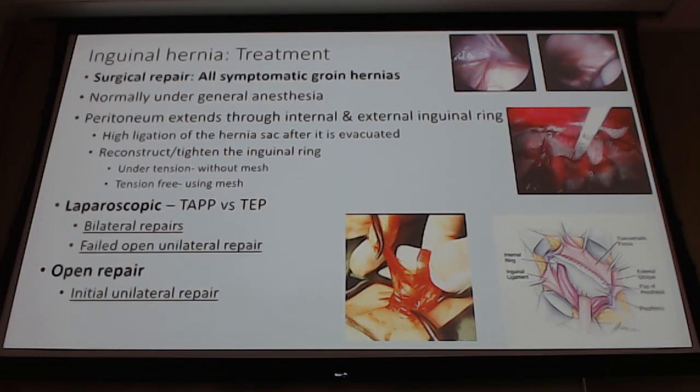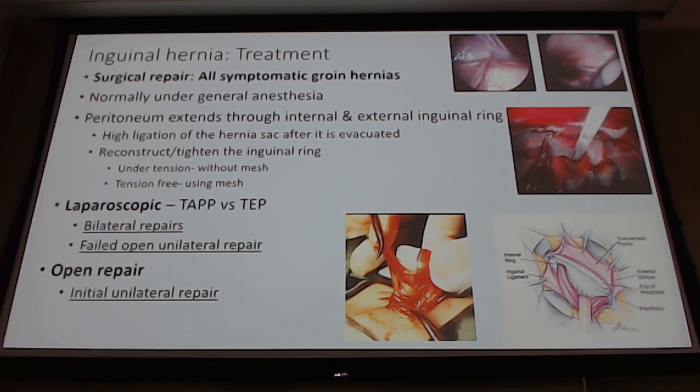Meaning they go through the skin, there's nothing inside, nothing intraperitoneal. They basically go through the inguinal canal, pull up that hernia, push all the intestines back in. They lay a mesh and/or a cone of mesh over the internal inguinal ring.